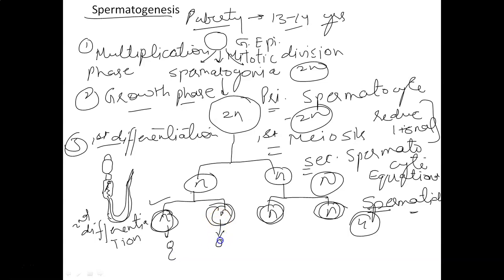One spermatid will result in one spermatozoon, so 4 will form 4 sperms.